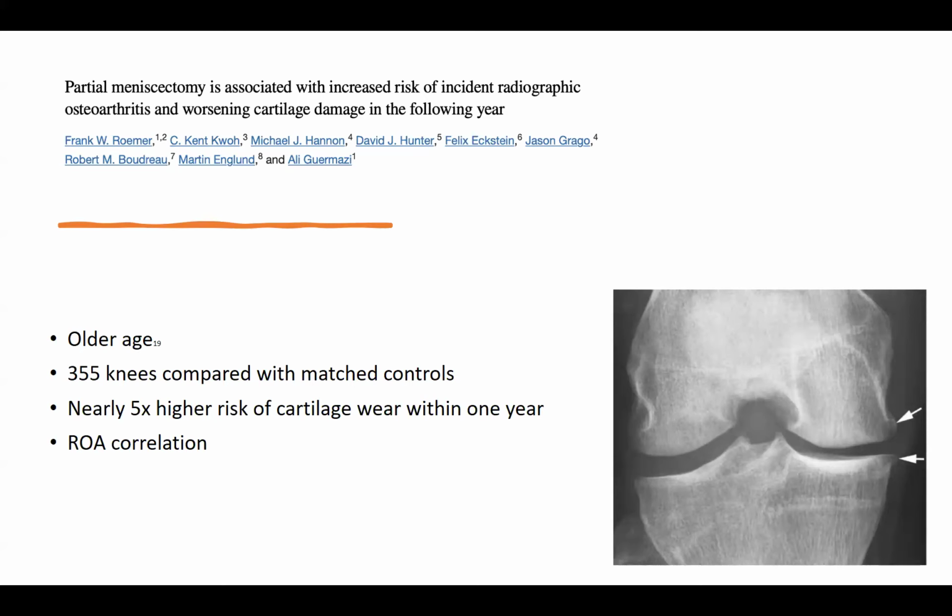In the randomly selected matched control group, which were matched for age, sex, and BMI, none of those patients in that cohort had a history of meniscal surgery during that period. Additionally, with the help of MRI, patients who underwent partial meniscectomy demonstrated a 4.5 times higher rate of cartilage wear during the survey period.